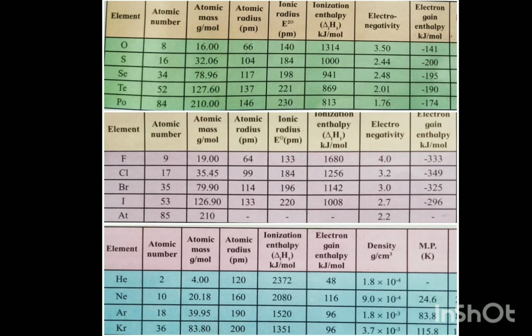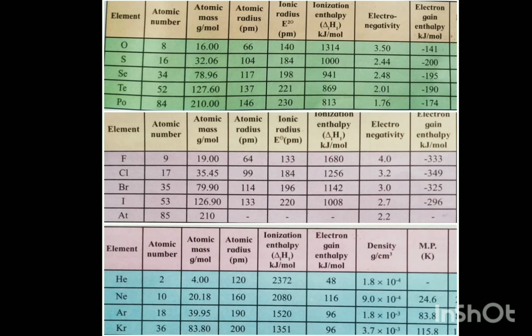The ionization enthalpy decreases down the group due to the increase in atomic size.